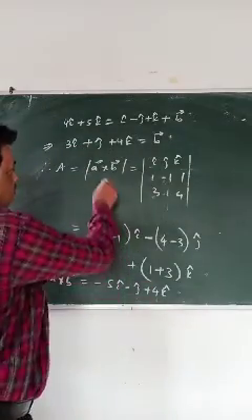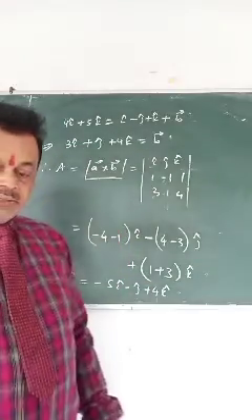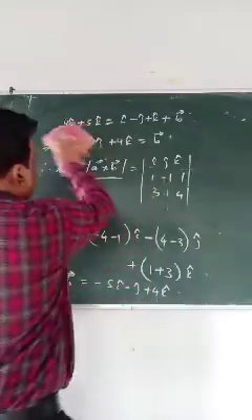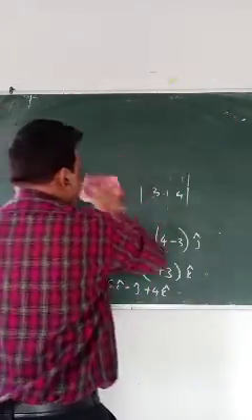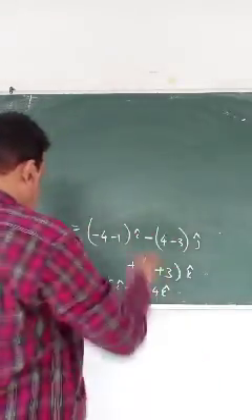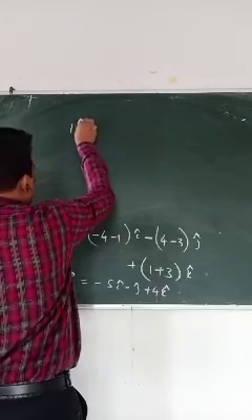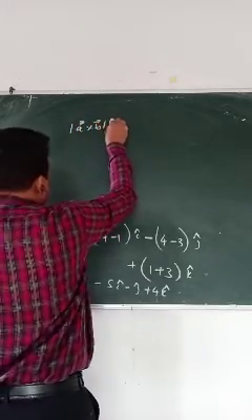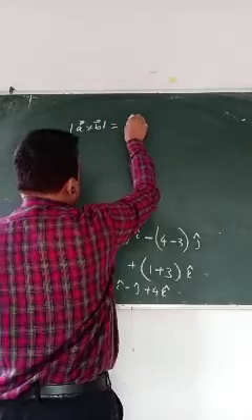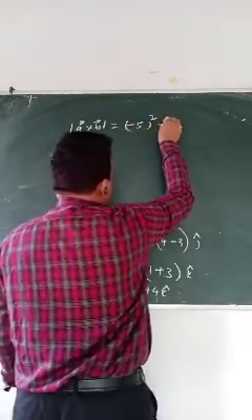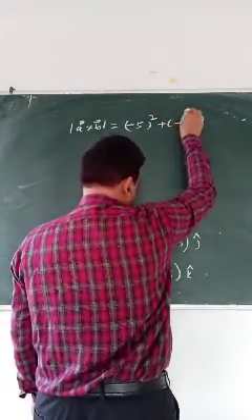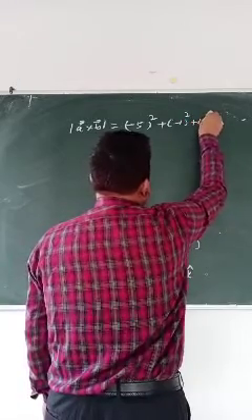But what you need is the modulus. So modulus of A cross B is the square root of minus 5 square plus minus 1 square plus 4 square.